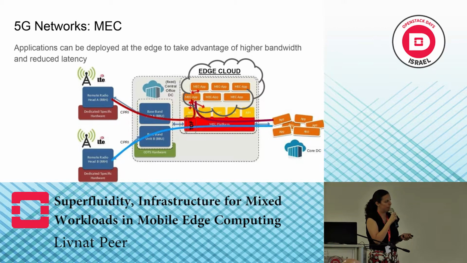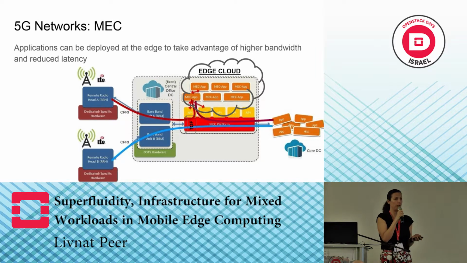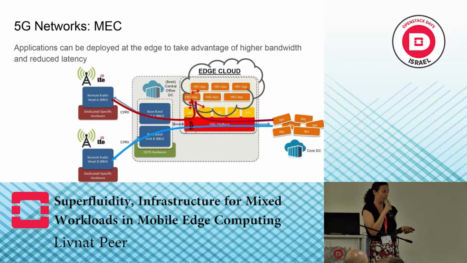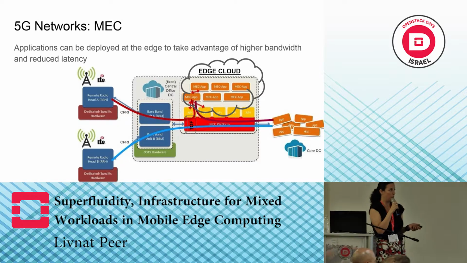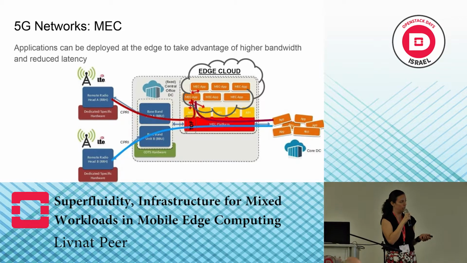And then the next step of the evolution, which is something we're going to focus on, is the computation resources. So we were saying we need computation resources next to the edge. And basically what we did here is we already have some kind of a local data center, right? So why not extend it to also be able to run some cloud applications?